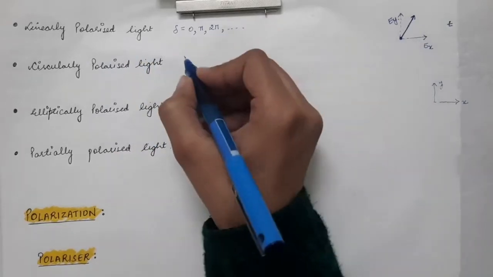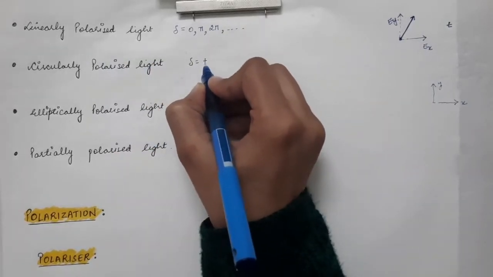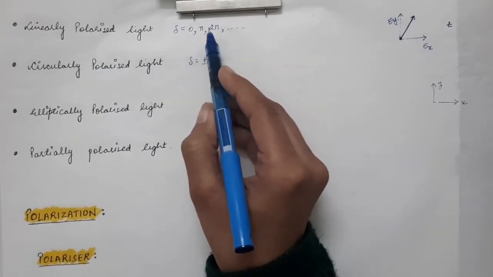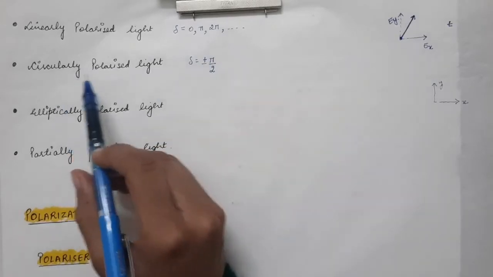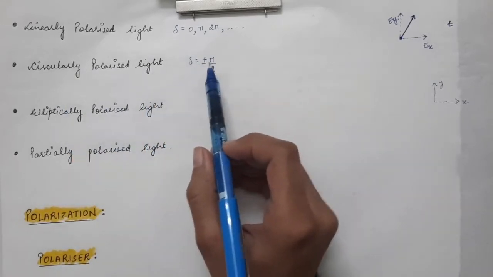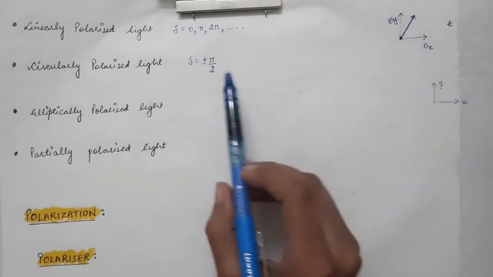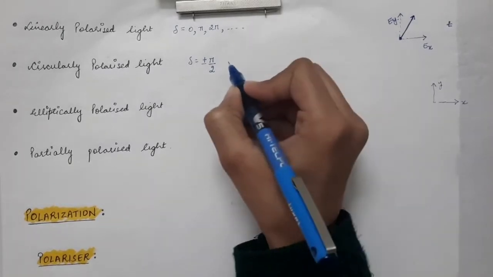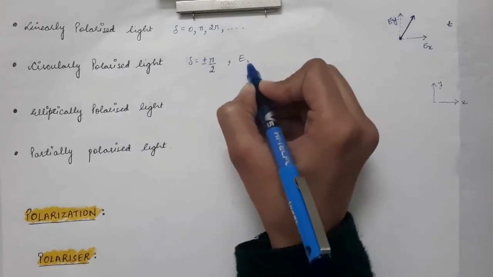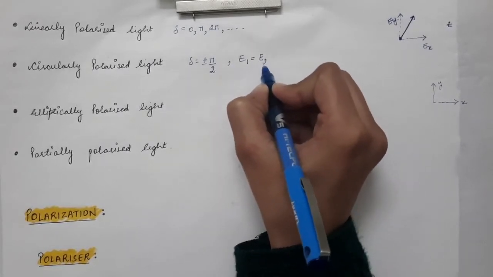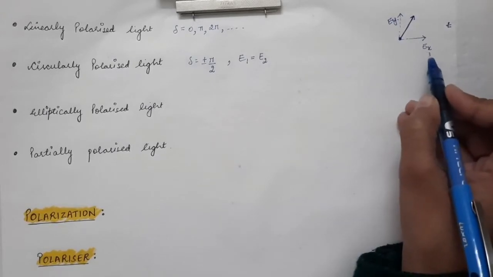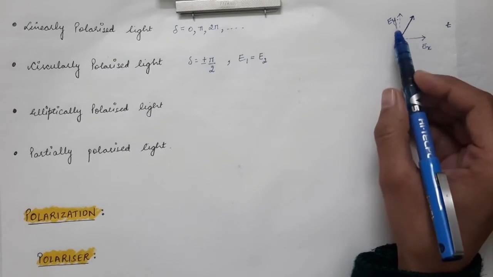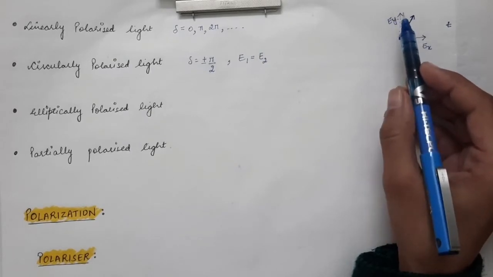Next, when the phase difference between these two electric fields is equal to plus minus pi by 2. So over here also you will have plus minus values. For circularly polarized light, the phase difference between the two orthogonal electric fields is equal to plus minus pi by 2, with the additional condition that the amplitudes of the two orthogonal electric fields are exactly equal to each other, because Ex was assumed to be equal to E1 cos omega t and Ey was assumed to be equal to E2 cos(omega t plus delta).